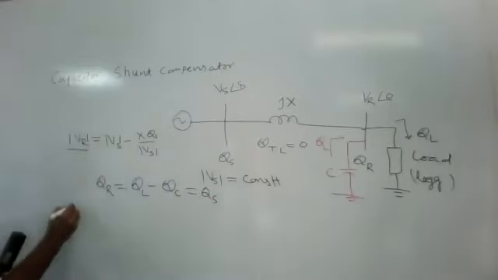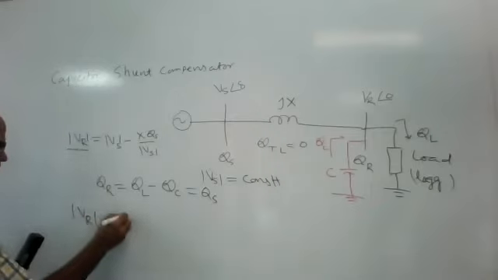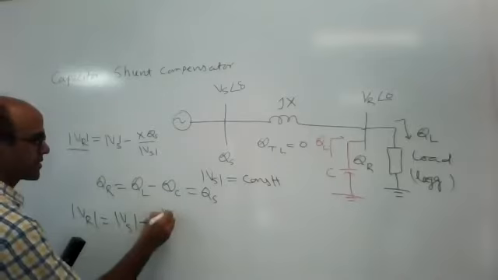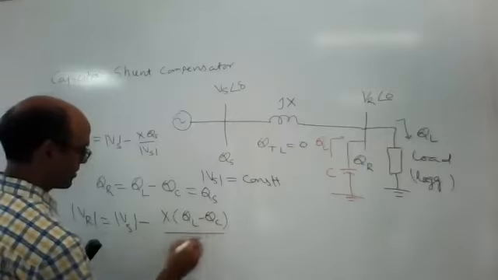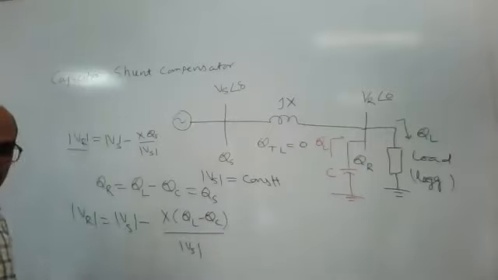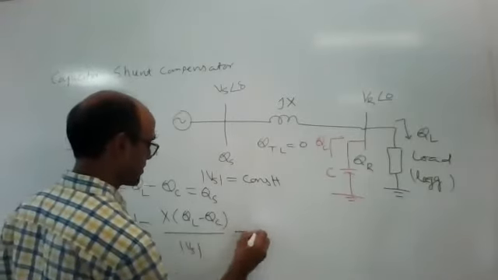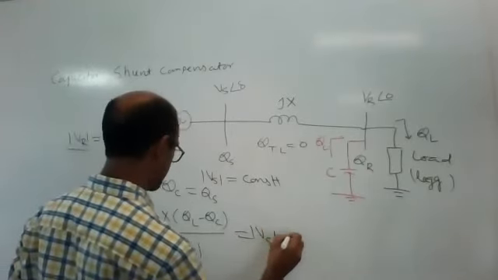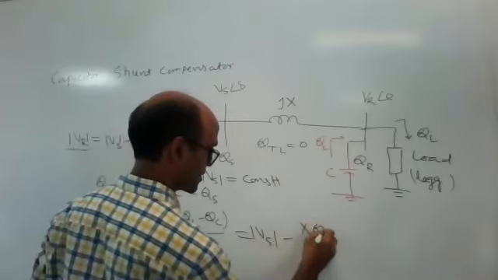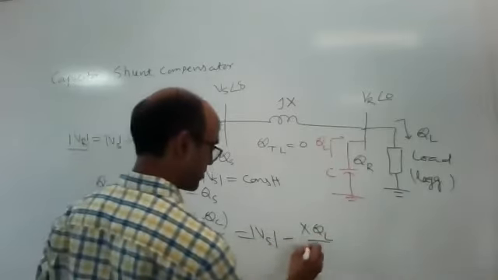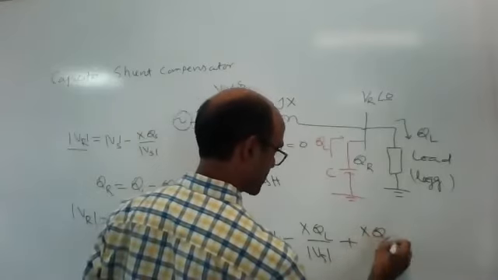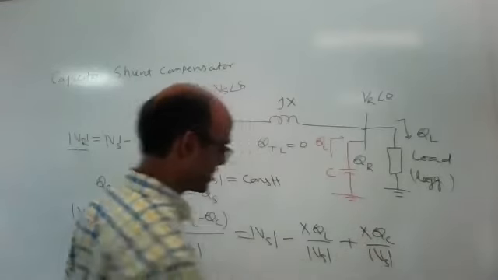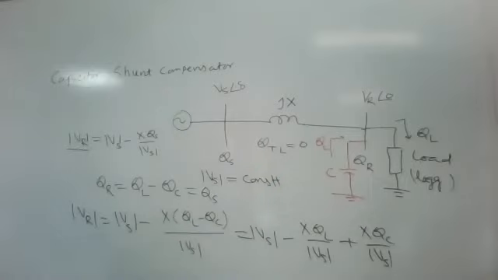So if I put it here, then what is Vr? Mod Vs minus X times (QL minus QC) divided by mod Vs. If you simplify it, you will get mod Vs minus XQL divided by mod of Vs plus XQC divided by mod of Vs. This I am getting.